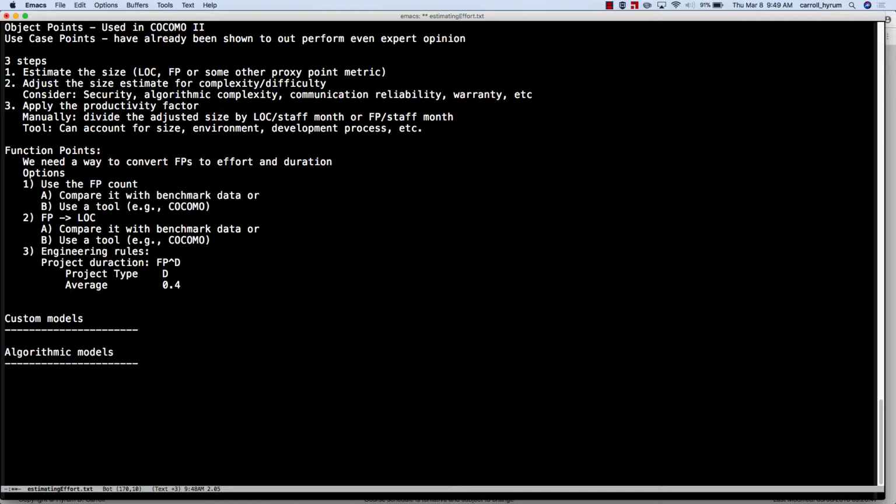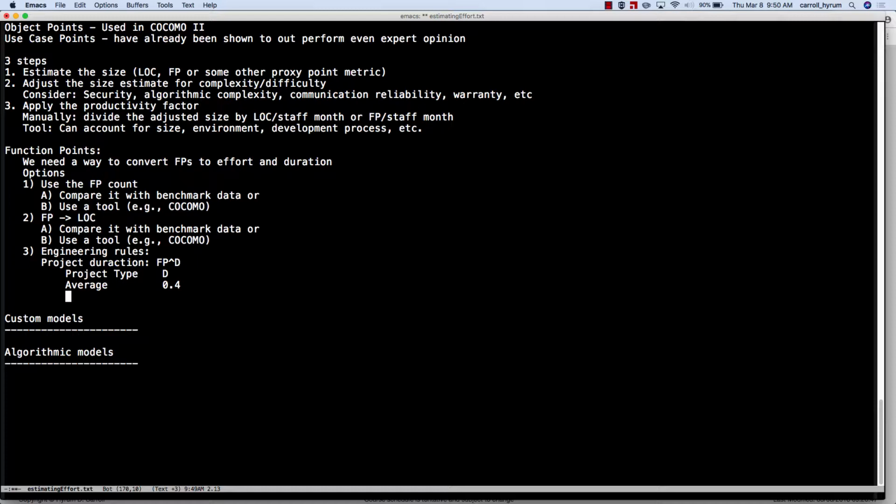Okay. So on an average project, I don't have any experience, I'm just getting started with this. So if you don't know, and it doesn't fit one of the other project types, then raise it to the 4/10 power. That'll scale it down. Just in case you don't think in exponents, 0.5 would be the square root, so this is smaller than the square root.